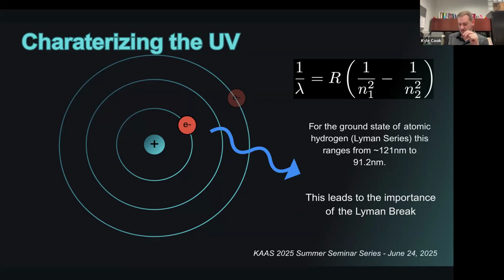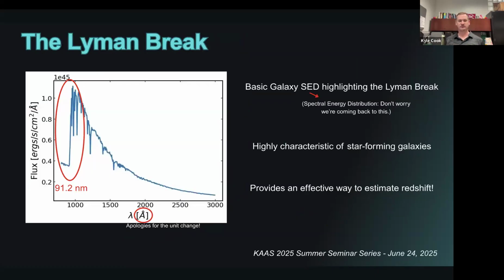So if you think of what a galaxy looks like across all wavelengths, you might get something like this. I'll talk about it more later, but we're going to call this a galaxy SED.